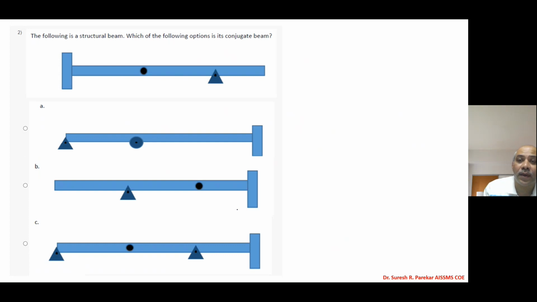Then we have conjugate beam. If you have already gone through this, in conjugate beam this fixed end should be converted. Fixed end becomes cantilever, and simple will remain simple. Means fixed becomes cantilever, cantilever becomes fixed.